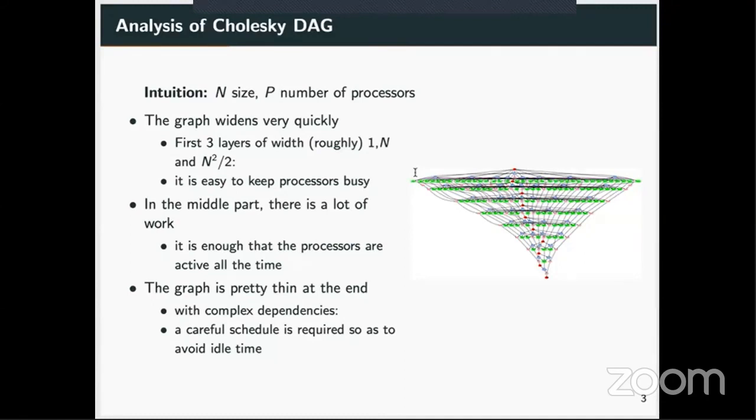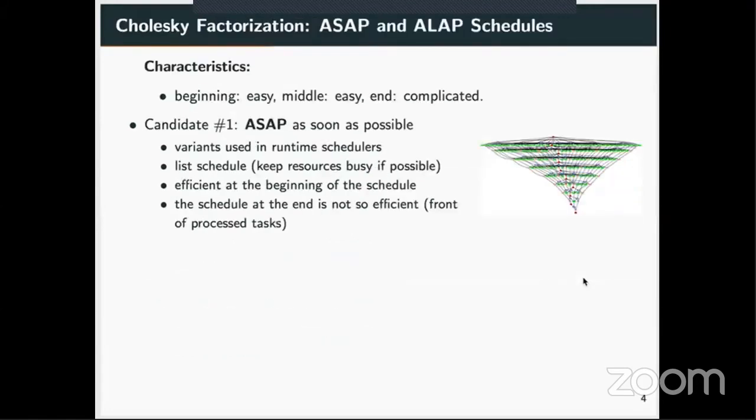So it's relatively easy to schedule this part because we have plenty of work to do, and keeping the processors busy all the time will be enough. And this is true also for the middle part, and the most difficult part to schedule corresponds in fact to the end when the width of the DAG is smaller than the number of available resources. Then we need to be careful when scheduling this part. So that will be the main idea.